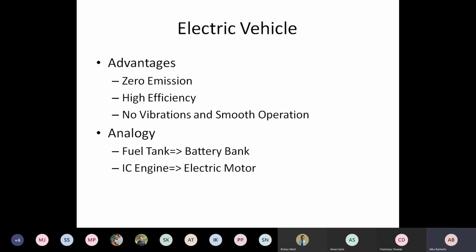So yesterday we started with electric and hybrid vehicle architectures. In that we have completed hybrid vehicle architectures.